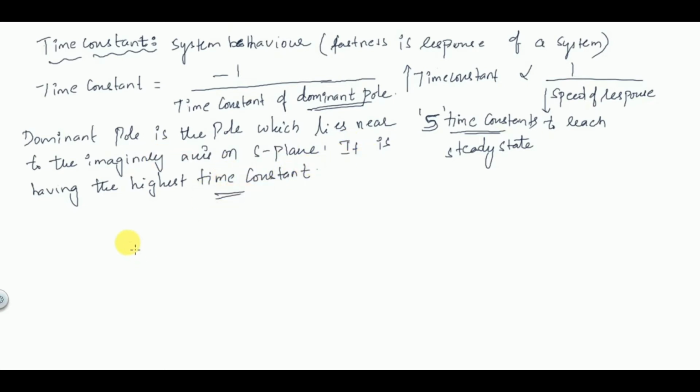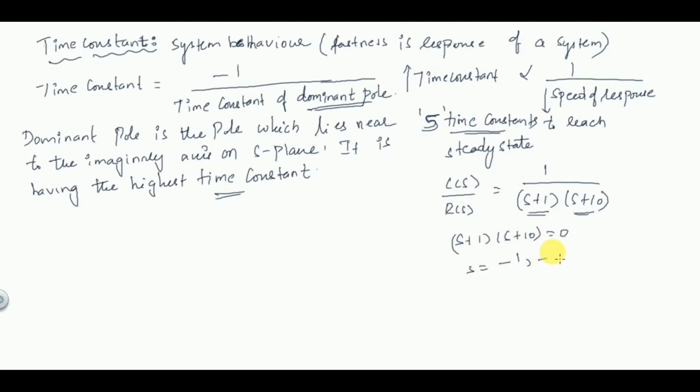Suppose you have a transfer function like this: C of S by R of S is equal to 1 by (S plus 1) into (S plus 10). If you equate the denominator to 0, you will get the poles of the system. So (S plus 1) into (S plus 10) is equal to 0, so S is equal to -1 and -10.